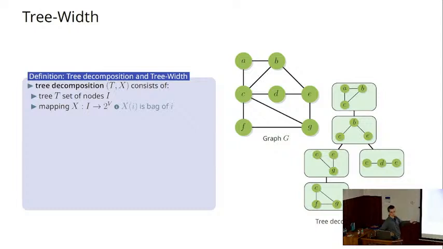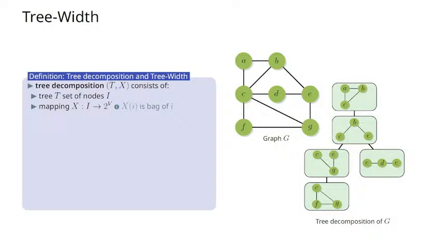Every vertex corresponds to what are called bags. So there are bags of vertices, so this bag contains A, B, and C. And what you want is that every edge in the original graph is in one of those bags. So for instance, BC is in this bag, it's also in this bag. And being in this bag means the two endpoints are in that bag.